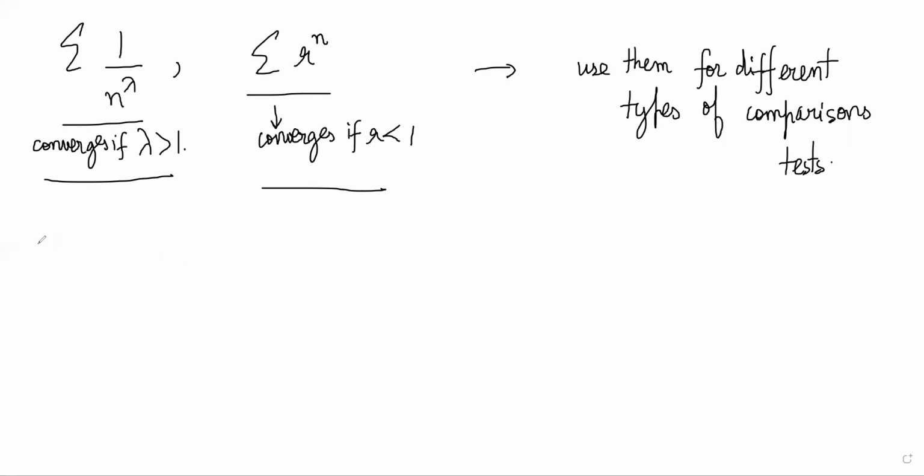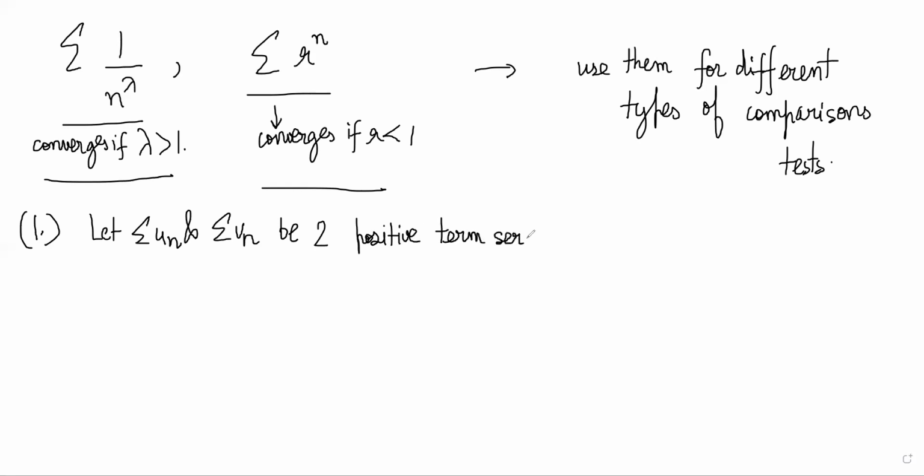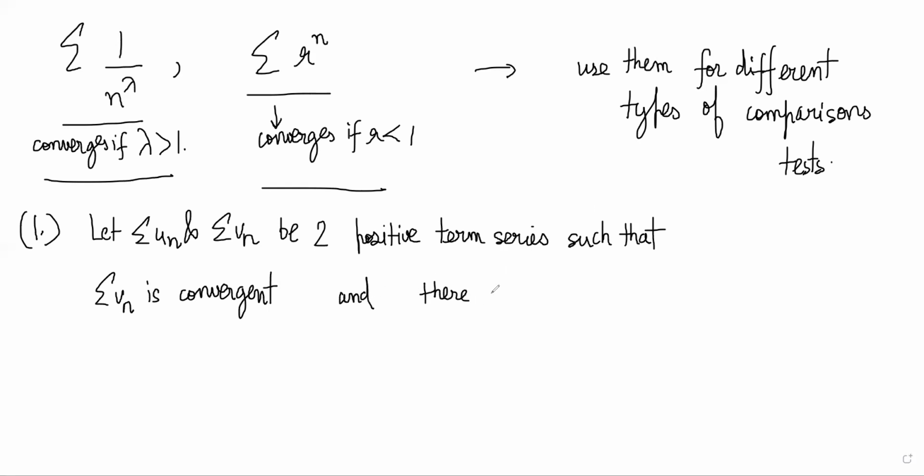So the first one is, let summation un and summation vn be two positive term series, such that summation Vn is convergent and there exists M belonging to natural number such that Un is less than equal to Vn for all n greater than equal to m.